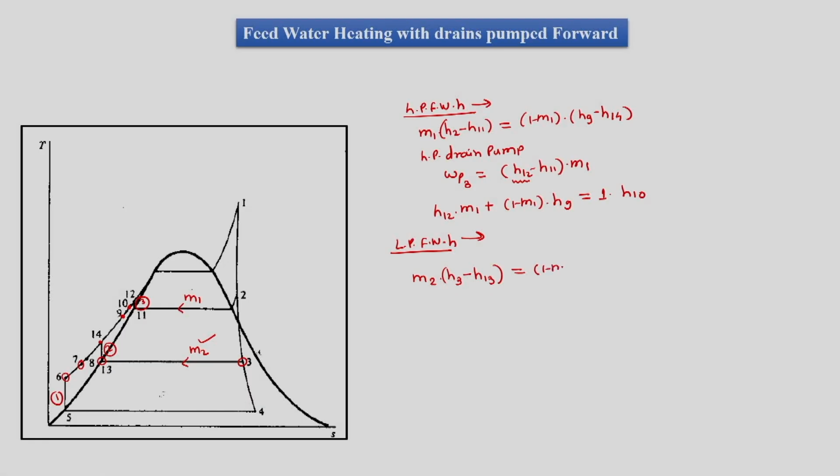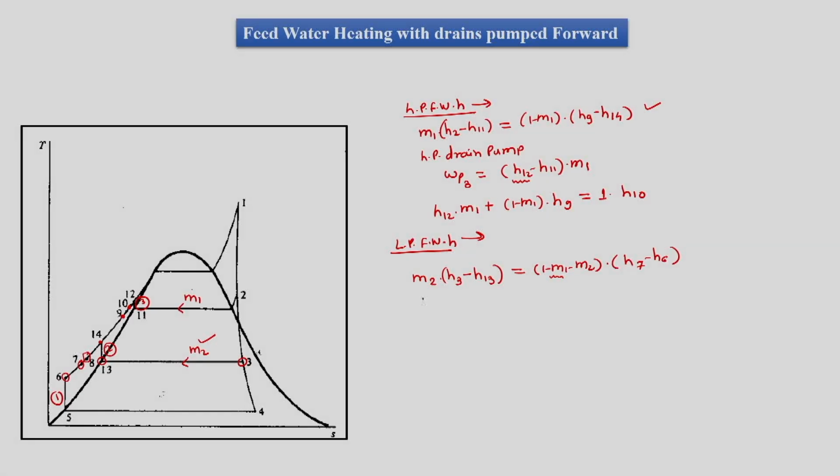So we have 1 minus M1 minus M2 mass of water rising its enthalpy from H6 to H7. Here M1 is known to us using this formula. We will put M1 over here, and then we can find out M2. But then we have to find out state 8 also.